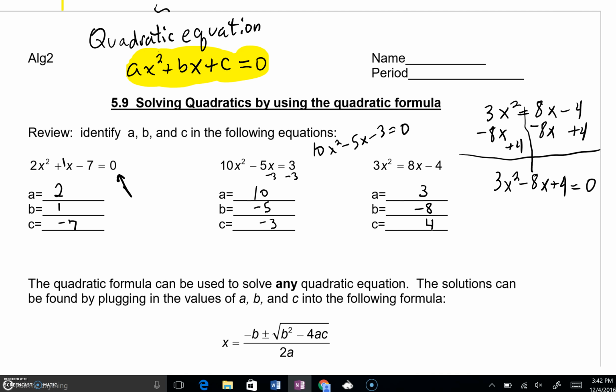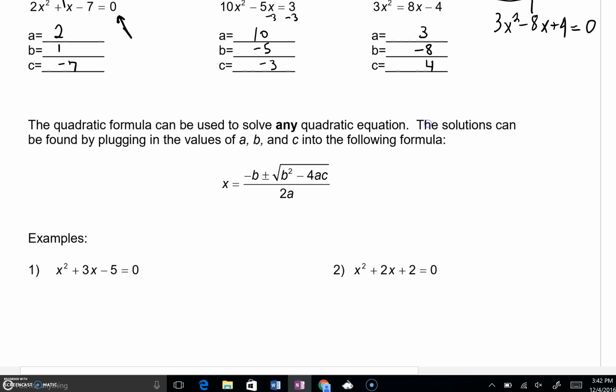Now, the reason why we need to identify a, b, and c is we're going to be using the quadratic formula. The quadratic formula can be used to solve any quadratic equation, regardless of whether you are able to factor, regardless of whether you'd be able to take square roots on both sides or not. You're going to be able to get an answer, or to get two answers if you're really on your toes.